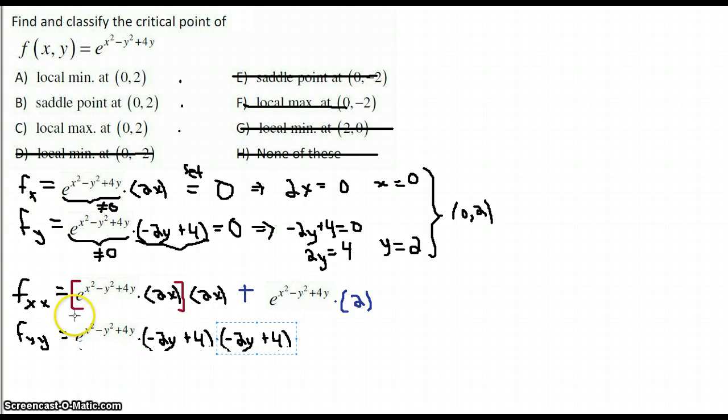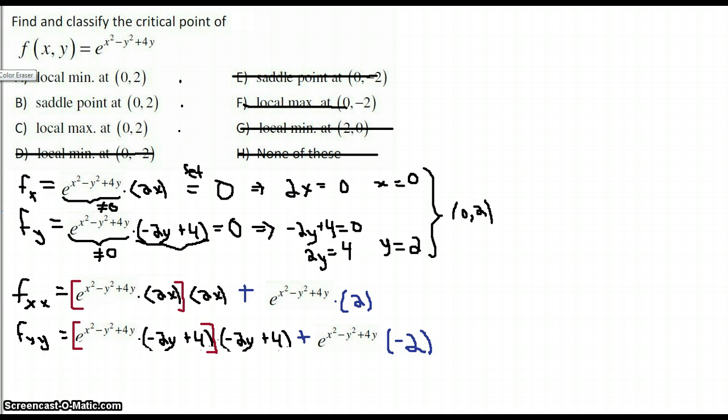Once again, this is the derivative of the first with respect to y times the second, and then we put a plus sign, and we leave the first alone and multiply by the derivative of the second. The derivative of minus 2y plus 4 with respect to y is minus 2.